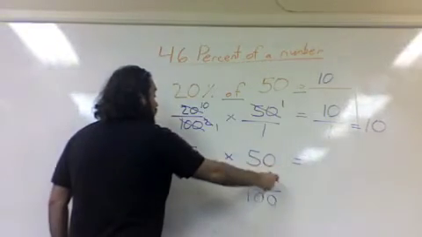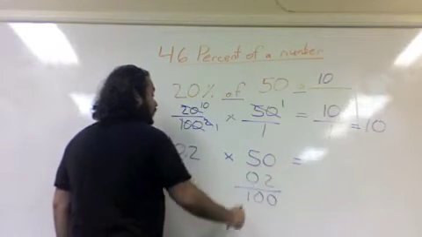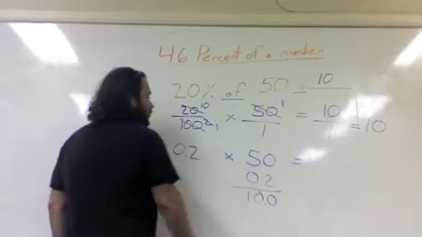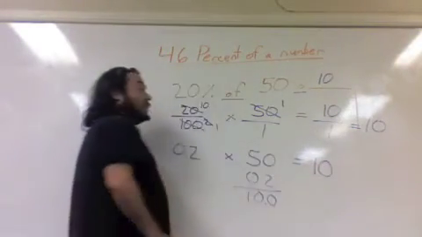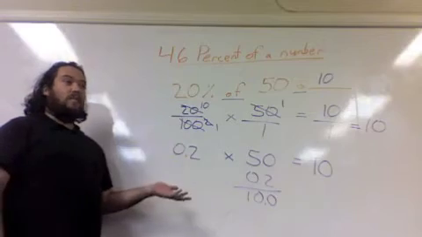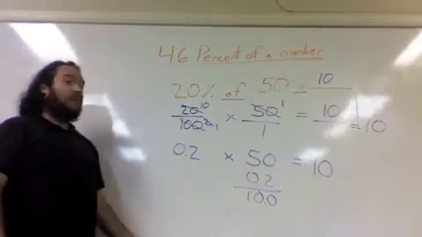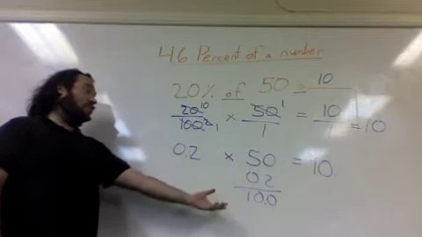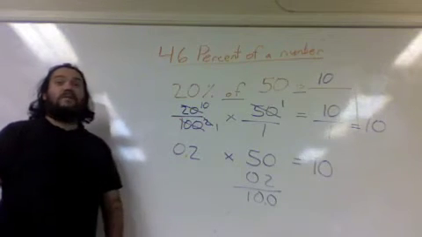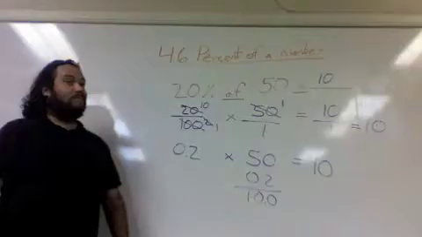None in this first factor, 1 in the second factor, so that makes a total of 1. The decimal point comes right there, 10.0 or 10. Again, same answer, same problem. It's not going to change things. It's just a different way of doing it. You have to figure out which one you like the most, whether you like multiplying decimals or you like multiplying fractions. You're going to have to pick one.